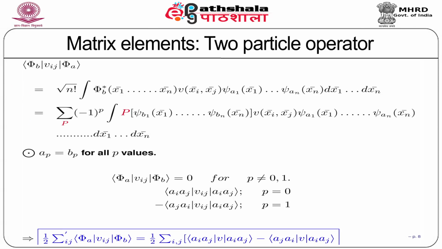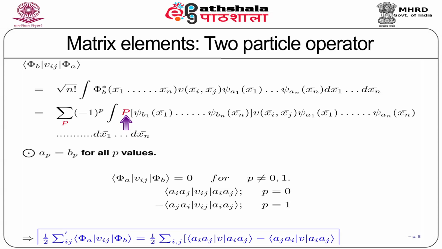Let us now consider the different cases as we did for the single-particle operator. First, let's consider the case A_P equal to B_P for all p values. A comment here, a note of caution: you should not confuse this label used here, which is P, with the label that is used here, which is also P.